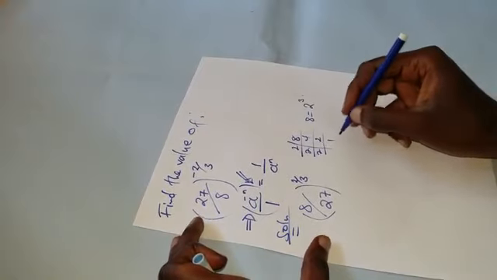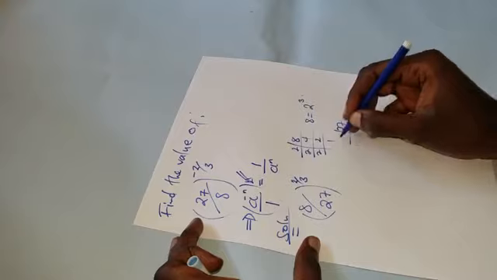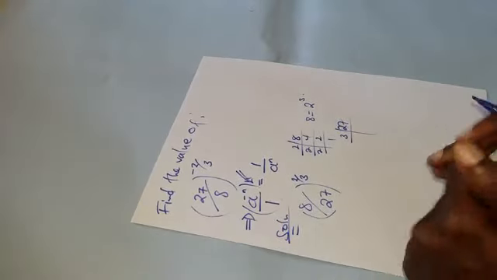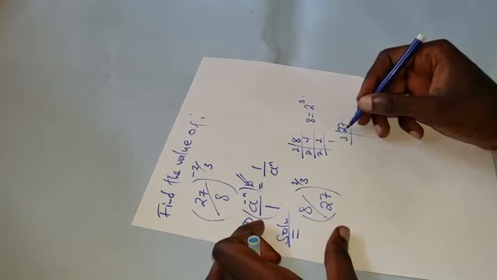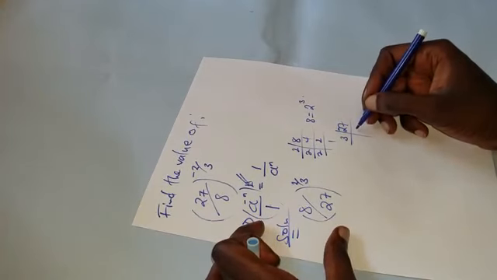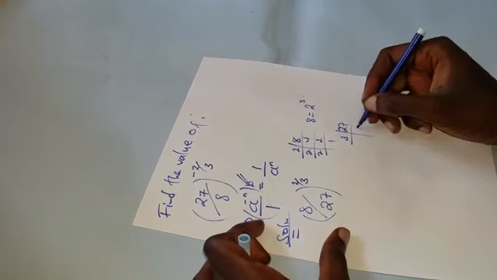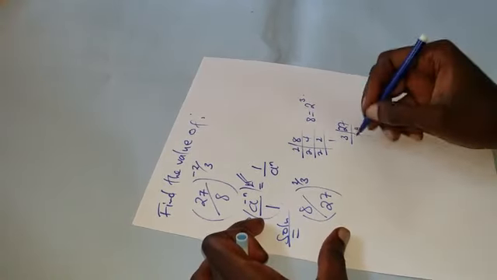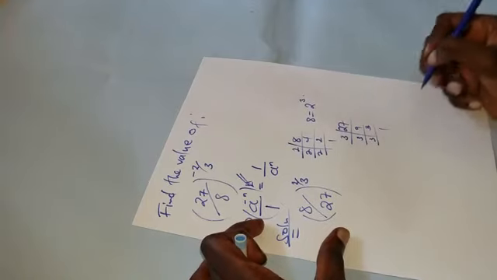Then how about 27? I hope you can still see what I'm doing. Maybe 3 as the prime factor. 27 by 3 is 9, by 3 is 3, by 3 is 1.